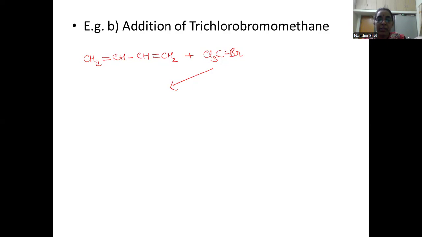In this case, fission occurs like this. The first attacking species is CCl3. So attack of CCl3 is the first step. And after that has taken place, it will be attacked by Br.